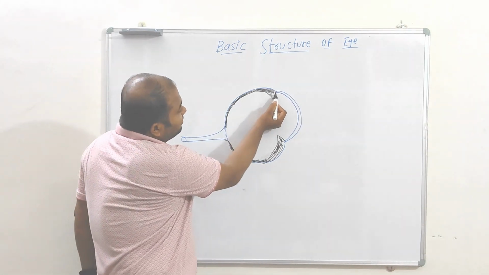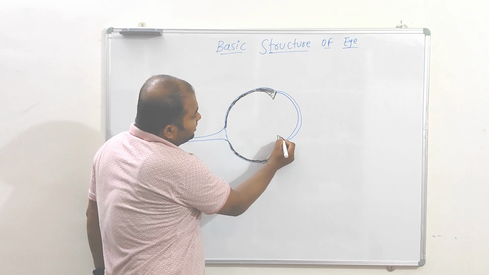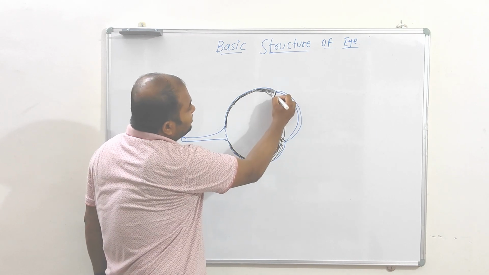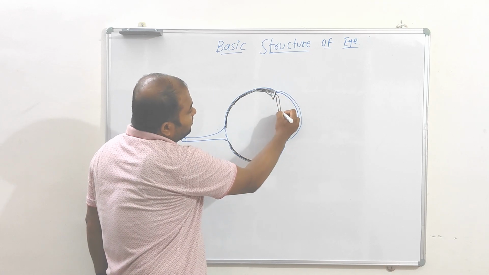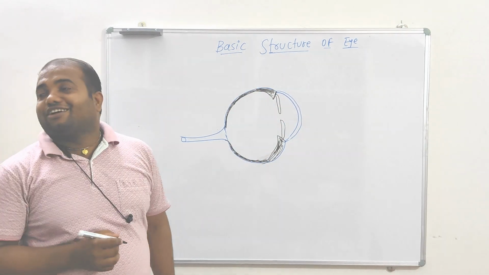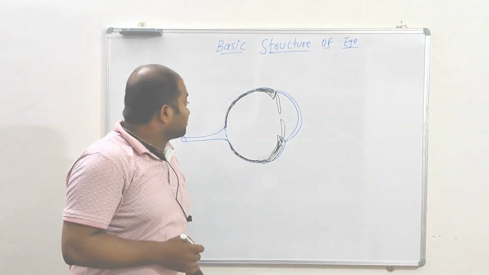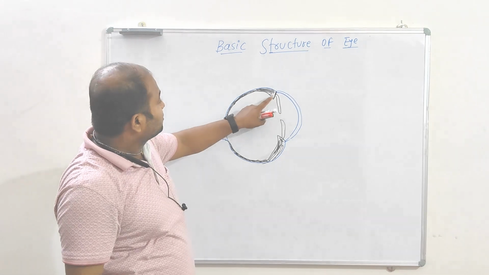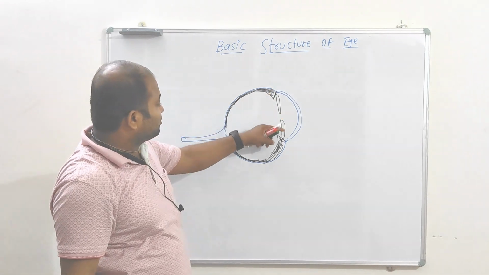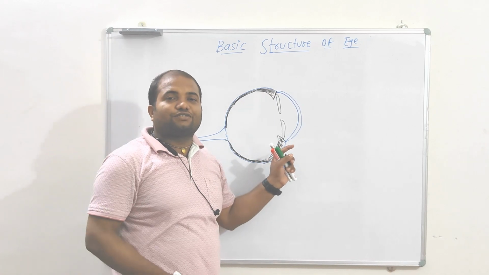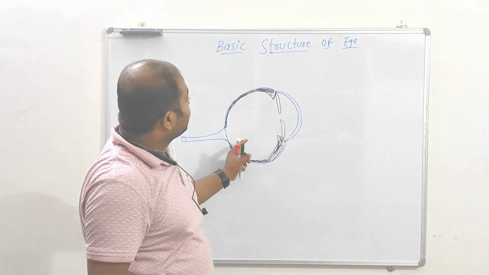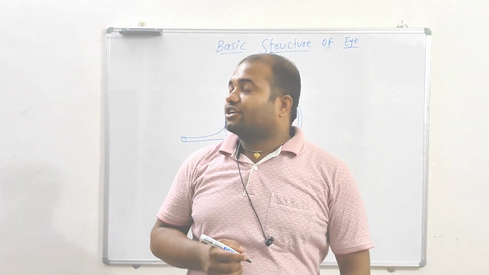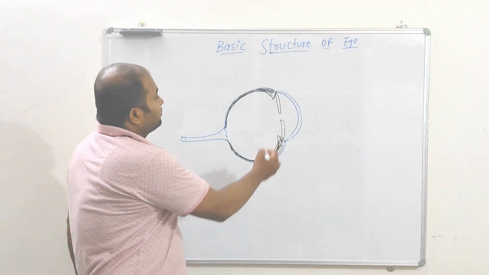Now the anterior part of this ciliary body gives attachment to one more structure, which is called the iris. Together, the iris, ciliary body and choroid are called the middle coat of the eye, or vascular coat, and one more terminology for it is the uveal tract.